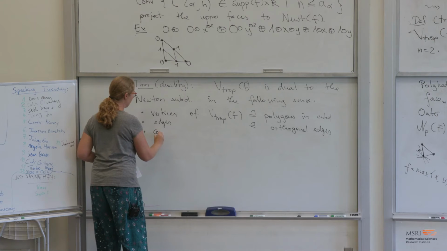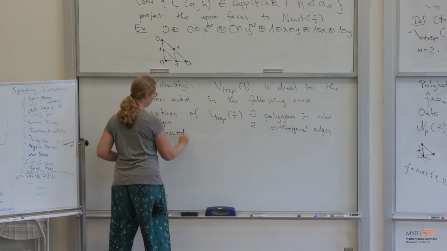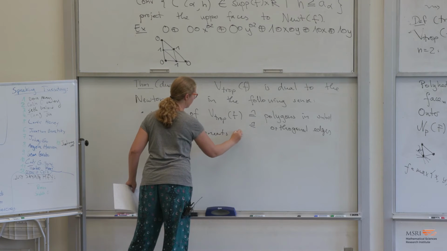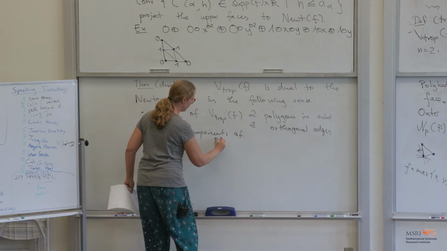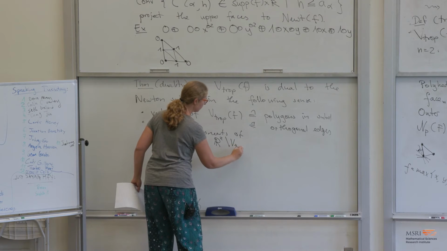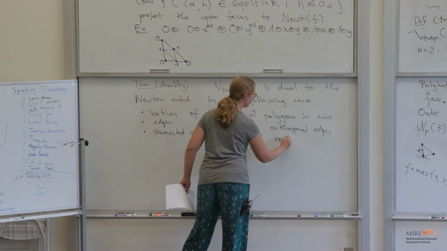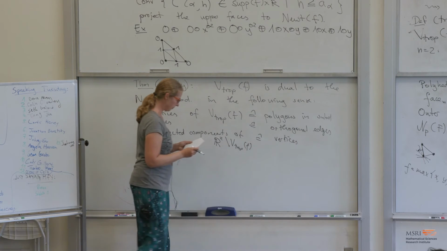And the connected components of R2 minus the tropical curve, they correspond to the vertices of the subdivision.